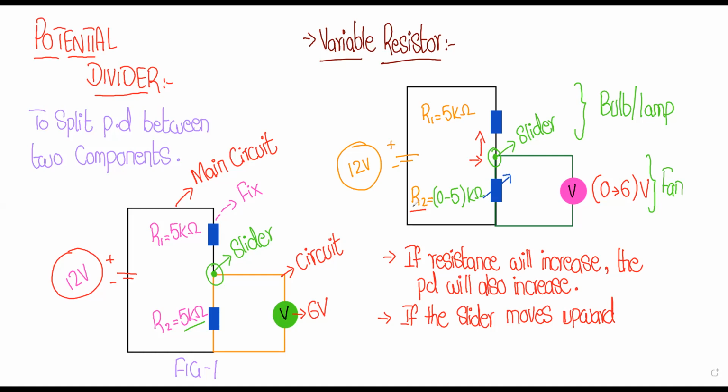The value of R2, or this length, will be increased in this circuit, right? Because when the slider moves upward, R1 will become short as compared to R2, because if one length is increasing, the second one will automatically decrease. So if the slider moves upward, the resistance of R2 will increase.